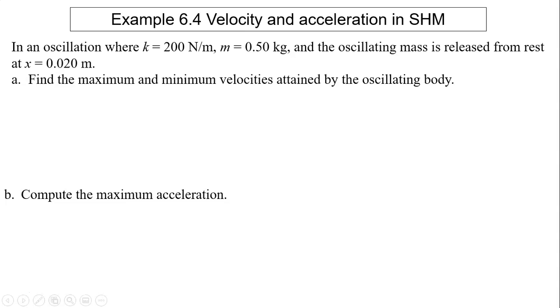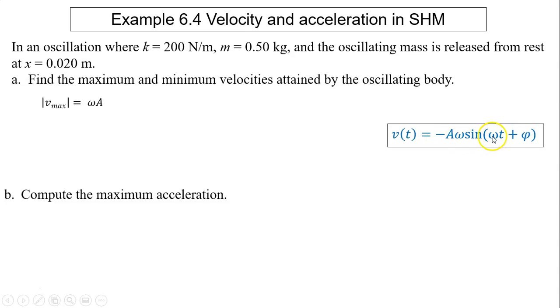Take a look at this example. In an oscillation where K equals 200 newtons per meter, M is 0.5 kilograms, and the oscillating mass is released from rest at x equals 0.02 meter. What is the maximum and minimum velocity attained by the oscillating body? Let's take a look at velocity as a function of time.